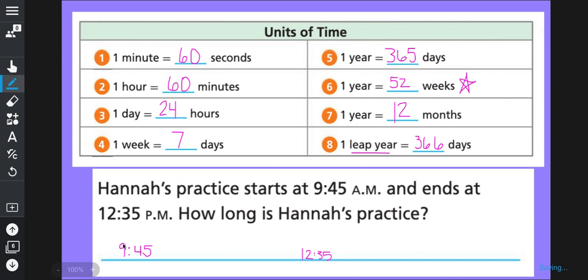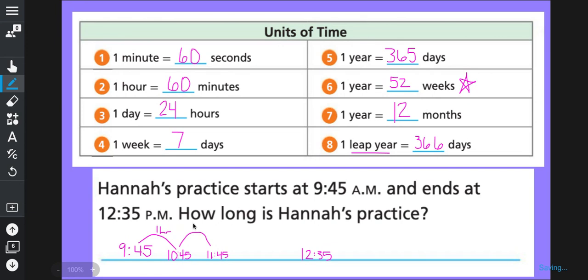So I'm going to start with my hour hops. We go to 10:45, which is 1 hour. And then we go to 11:45. So that would be 2 hours.